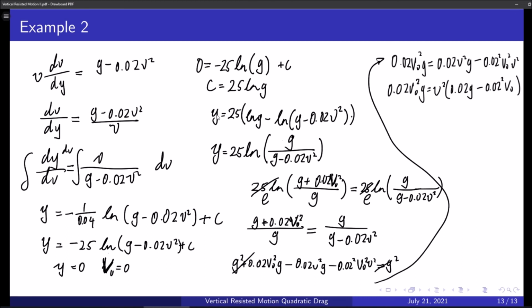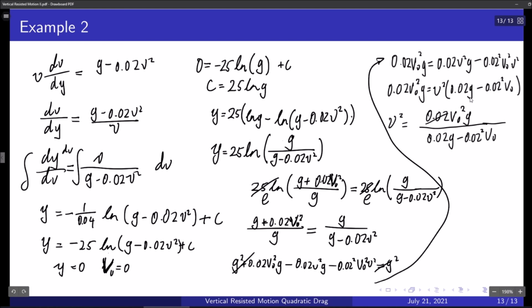Of course, v squared is just this divided by this. So v squared equals 0.02 v naught squared g over 0.02 g plus 0.02 squared v naught squared.